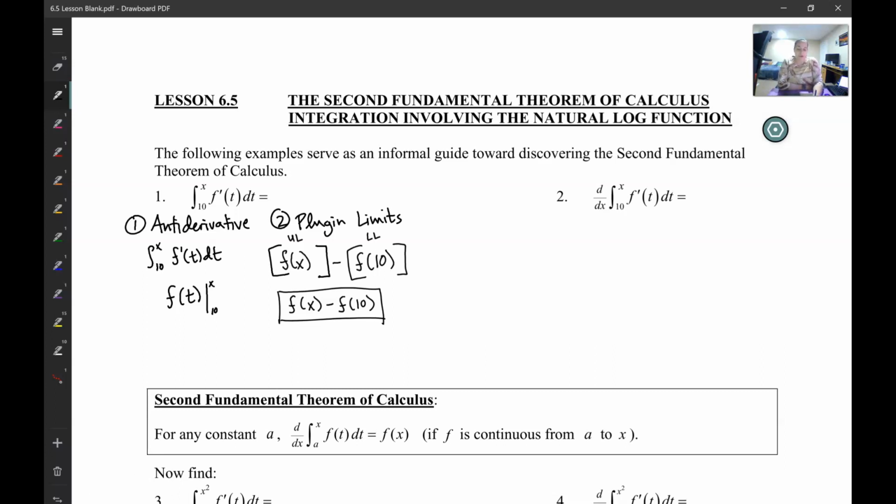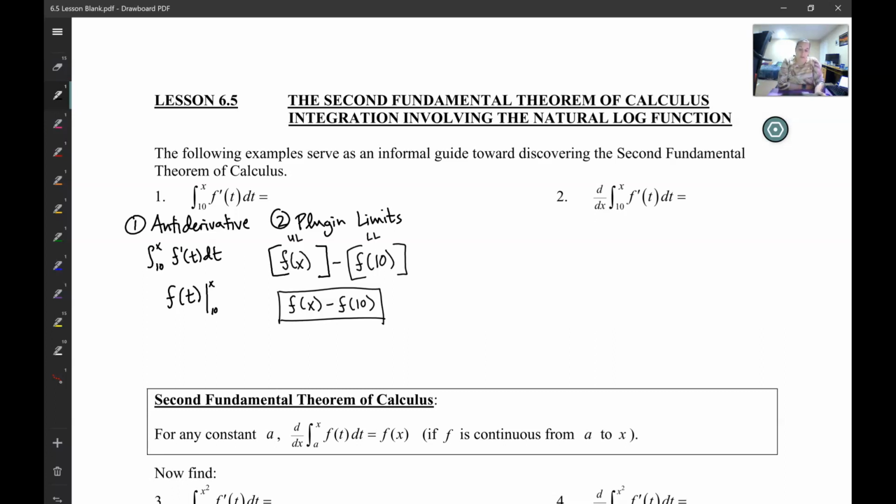Now let's look at number 2. Number 2 says I want to take the derivative of this. Now we have done an example in the past where we took the derivative of an integral and we said, hey, they just cancel each other out and we're left with what's inside. But that only worked on an indefinite integral. When I want to take the derivative of a definite integral, that's different.